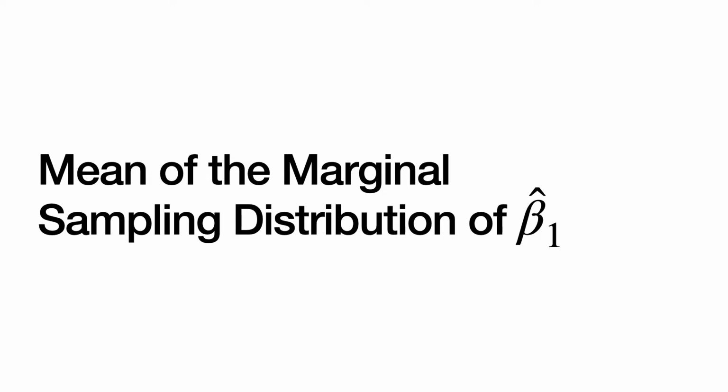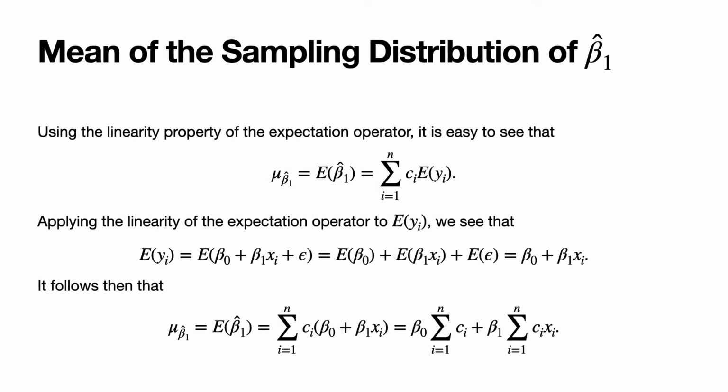Next, we're going to derive the mean of the marginal sampling distribution of beta 1 hat. Using the linearity property of the expectation operator, it's easy to see that the mean of the sampling distribution of beta 1 hat, which is denoted by mu sub beta 1 hat, which is also the expected value of beta 1 hat, is equal to the expected value of the sum, i going from 1 to n, of the c sub i values times the y sub i values.